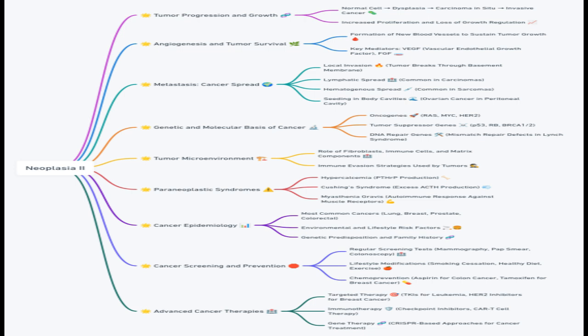The ABCDE rule helps identify atypical or dysplastic nevi or moles. A is asymmetry, B is border irregularity, C is color variation, D is diameter more than 6 millimeters, and E is evolution, which is changes in size, shape, color, and symptoms.